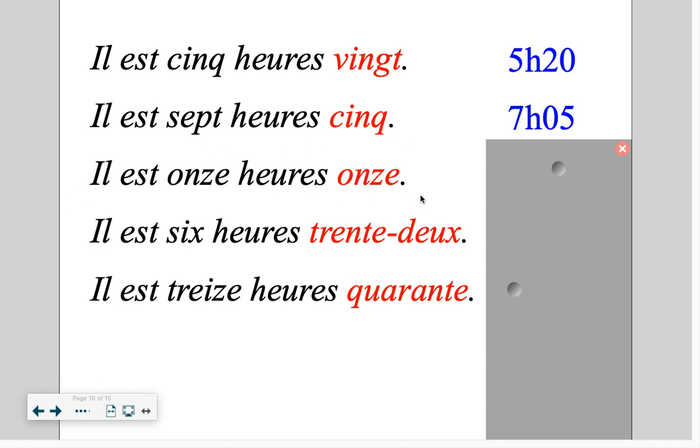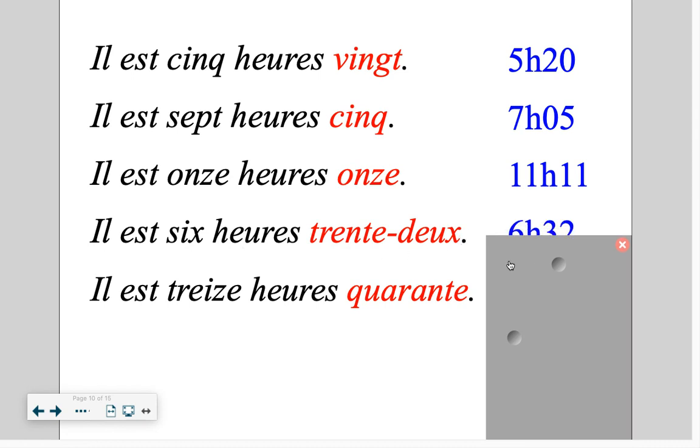Il est 11h11. 11 hours 11. Il est 6h32. 6 hours 32. 6:32. Il est 13h40. 13h40. Oh la la, why is there a 13? Well, we're going to talk about that.